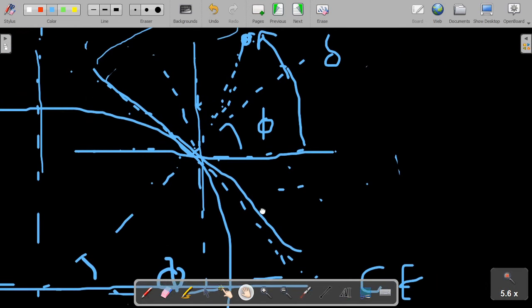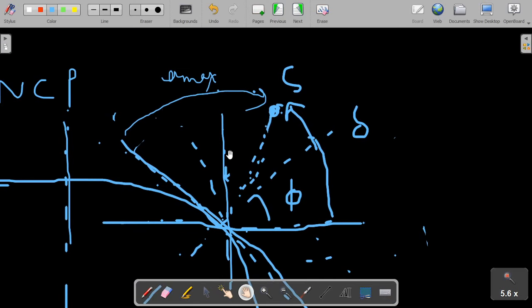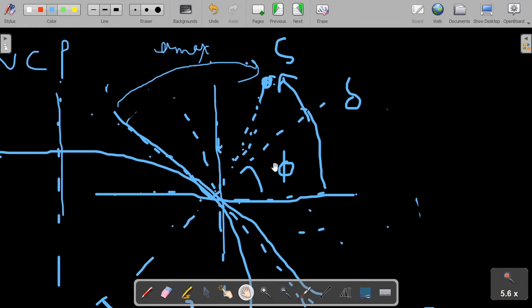So let's just define the declination as we did here, delta, and this would be A max, this would be phi. So this would be 90 minus A max, or the zenith distance would be 90 minus A max.